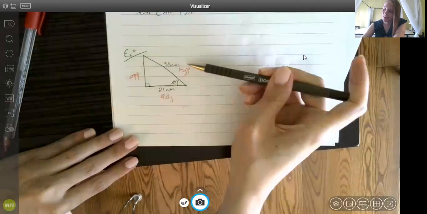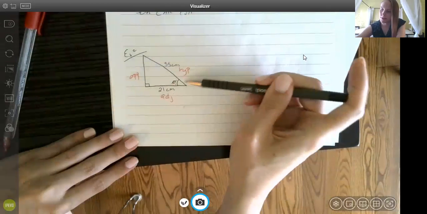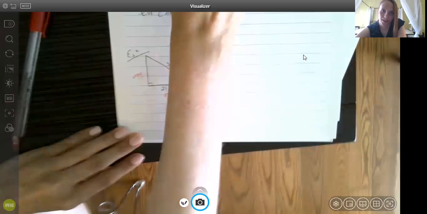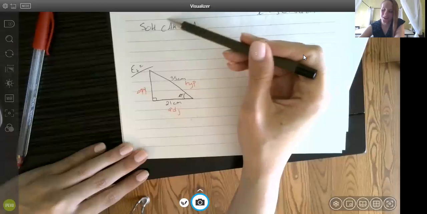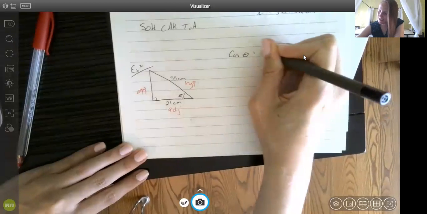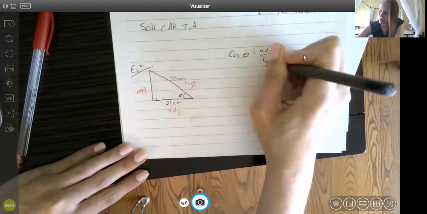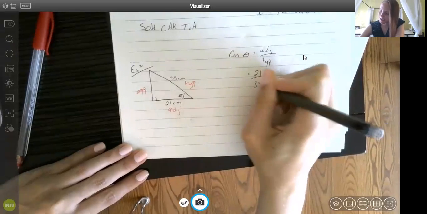This time, because I am dealing with the adjacent side and the hypotenuse, according to my SOHCAHTOA, I am going to need to use cosine. So the cosine of the angle is adjacent over hypotenuse, which is 21 over 35.